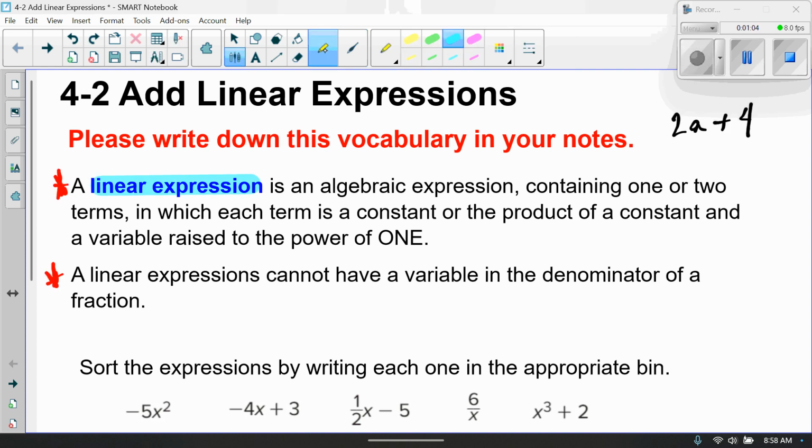Now let's take a look at this part where it says each term is a constant or a product of a constant and a variable raised to, okay, let's break that. Let's look at the first part. Each term is a constant, or the product of a constant and a variable. Now product means multiply.